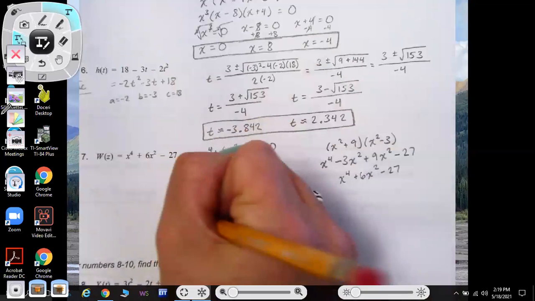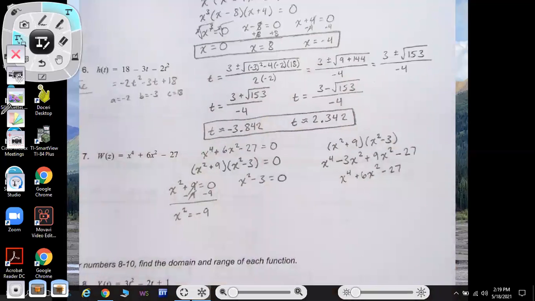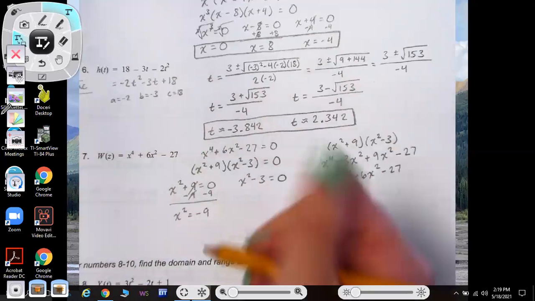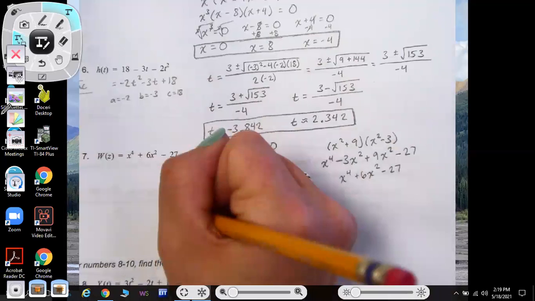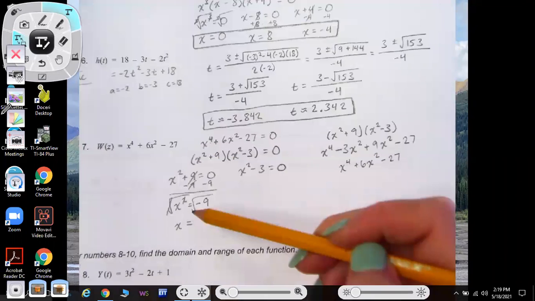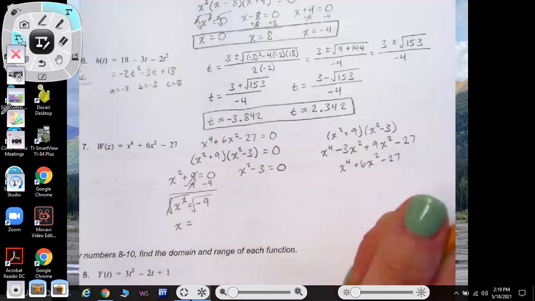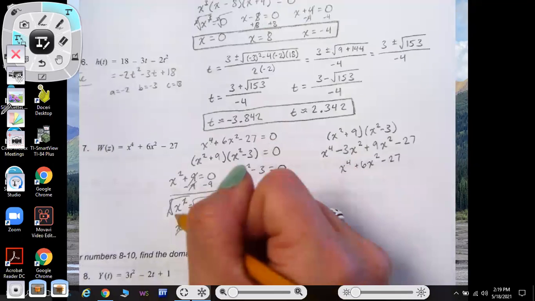We get x squared equals negative 9. Take the square root of both sides to get x by itself. And what happens here is that we're trying to take a square root of a negative number. So this is not going to work. This will not be one of our roots.